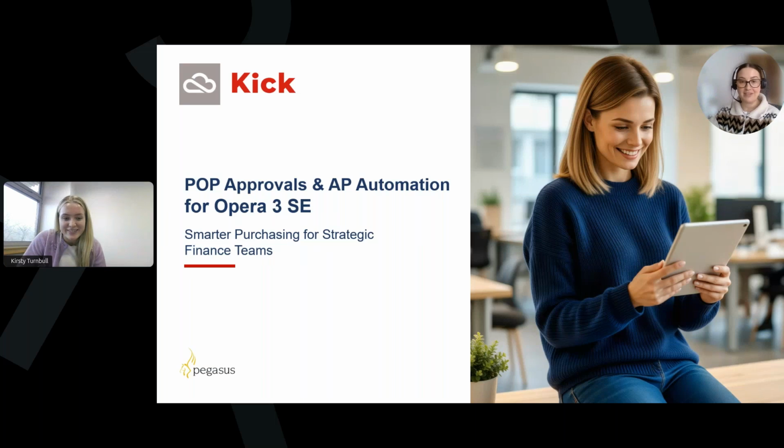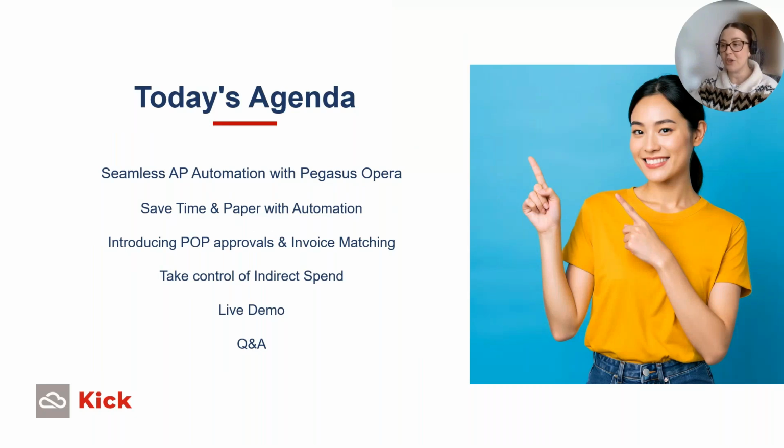Thanks so much for taking the time to join today's session, looking at the POP approvals and accounts payable automation for Opera. So a quick overview of the agenda for today's session. I'll provide you with a bit of an overview of AP automation with Opera. We'll go through how you can save time and paper when adopting AI invoice processing.